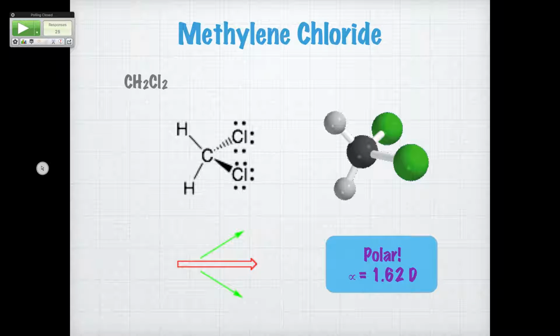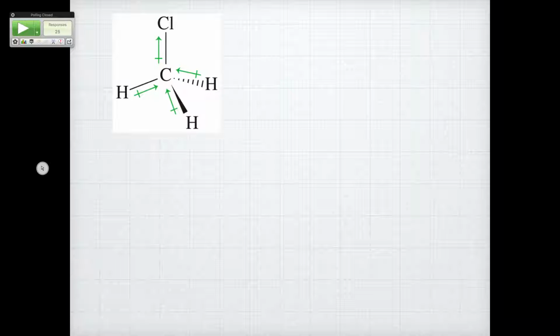The actual number for this one is 1.62 Debye. Don't worry about the numbers, it's just to show you how some things are more polar than others. You don't have to memorize polarity numbers, although it's really easy to learn the ones that are 0. Just saying.